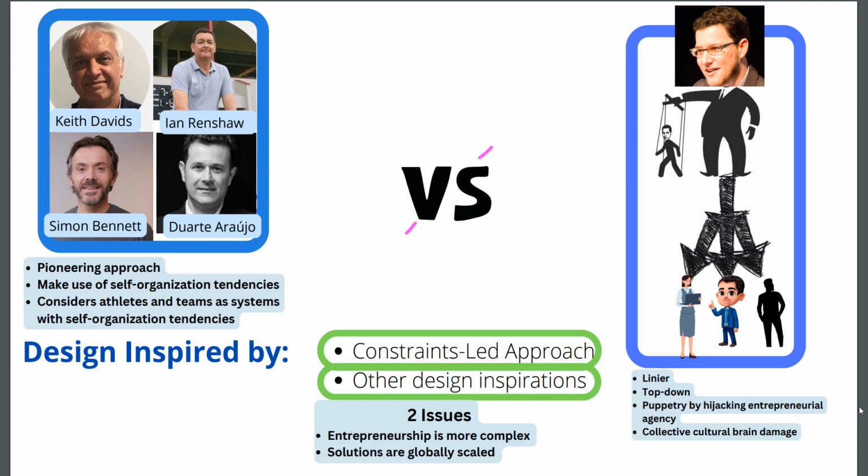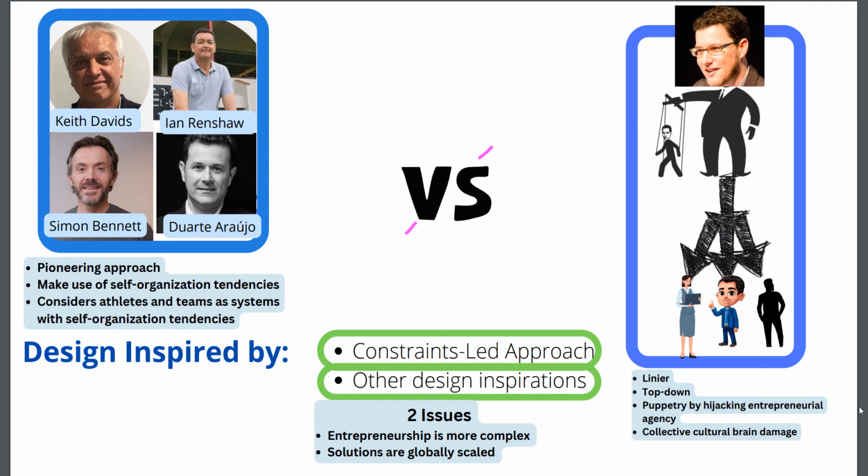Because in the case of traditional approaches in sports, as we have observed just now, even though many of these approaches are reductive, linear, top-down, all of these are true, these approaches are mostly contained in the local. It is not scaled across the world. If somebody's idea is stupid, it is going to remain in the local. It is not going to be scaled across the world, at least not at the scale of approaches like lean startup, business planning, etc.